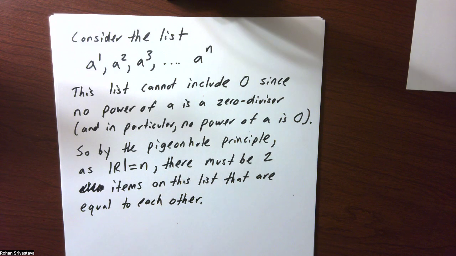They can't all be distinct because there are n many of them and they don't include 0, which is one of the elements of the ring, and n is the cardinality of R. So there have to be two that are equal to each other.